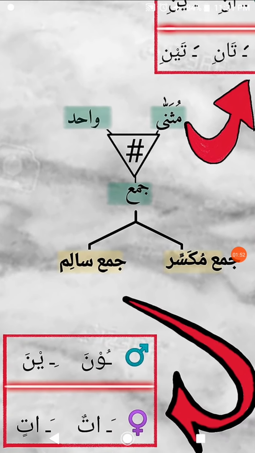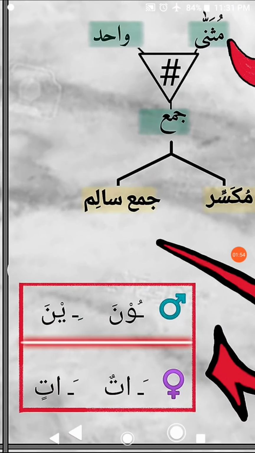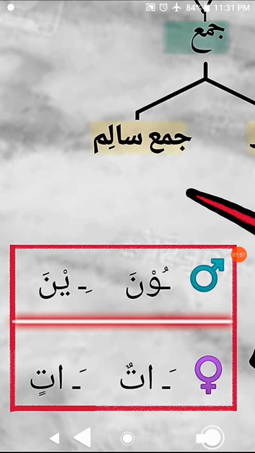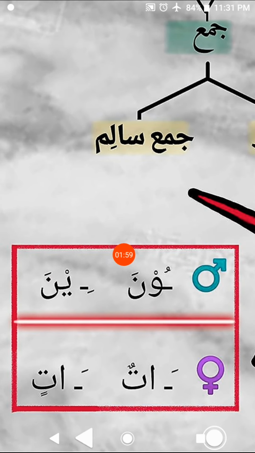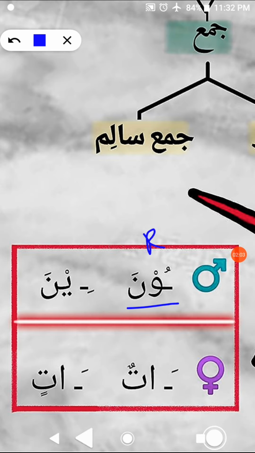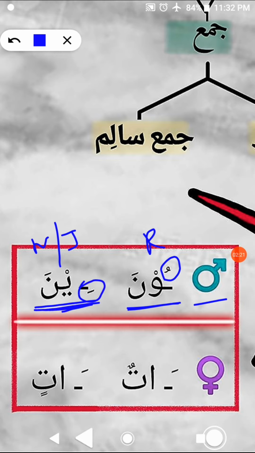Next we have jama salim. For jama salim, our suffixes are una for rafa masculine, and ina for nasab and jar. Now look, una is beginning with the u sound or the dhamma, and ina is beginning with a kasra, the e sound.